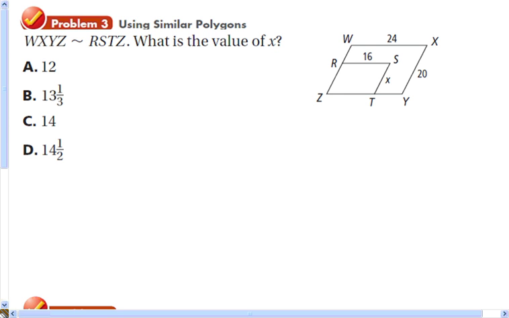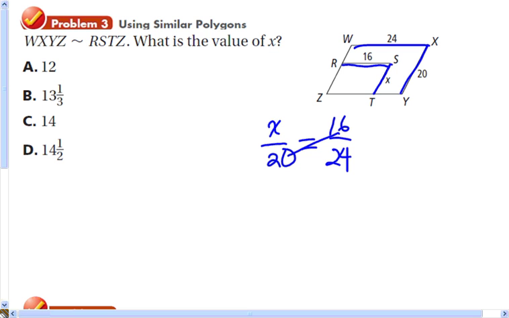And what we can say is that X over 20, because those are corresponding sides, should be the same as 16 over 24, another set of corresponding sides. And then I can solve that by using the cross products property.